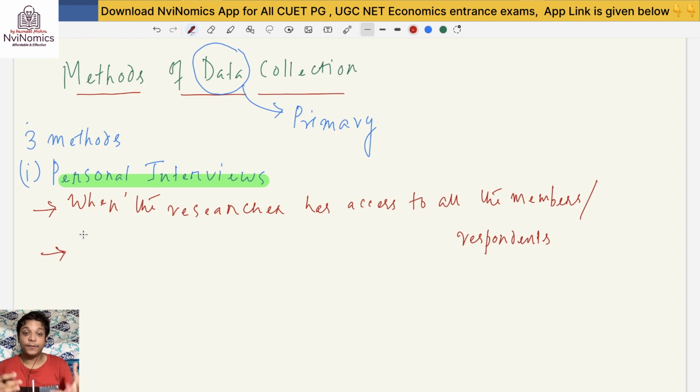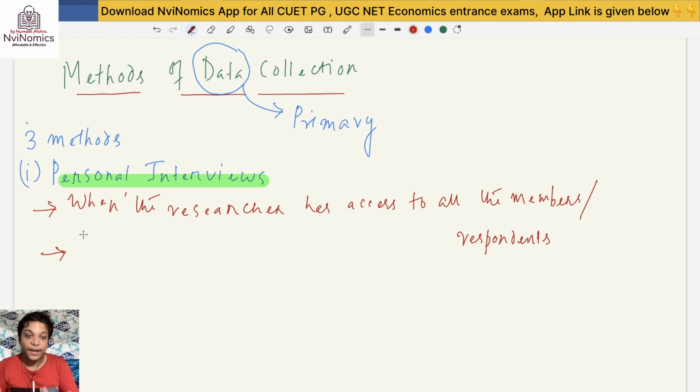In the personal interview case, the researcher directly goes, or sends his agents, his members who work under him, directly to collect the information from the respondents.